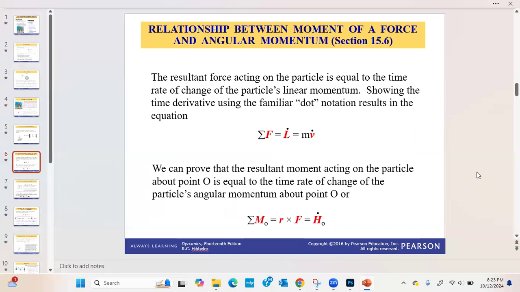And the force resulting from that is equal to the time rate of change of the momentum. So that's the v dot that we're talking about. Now, I don't often see that showing up in the problems we're working. This is just kind of background information. But through math and a little manipulation, we can prove that the moment is indeed R cross F or H naught dot.